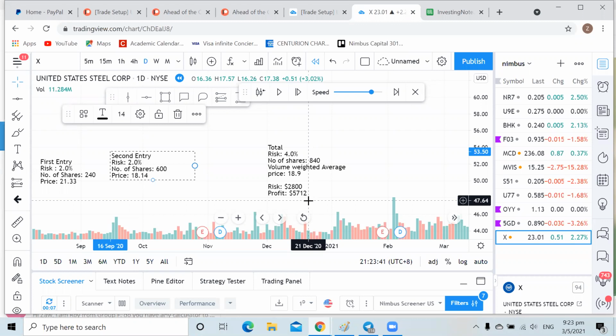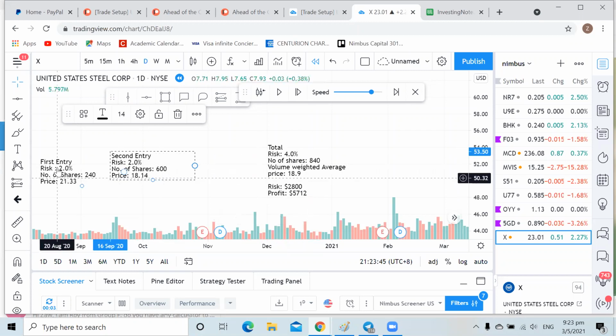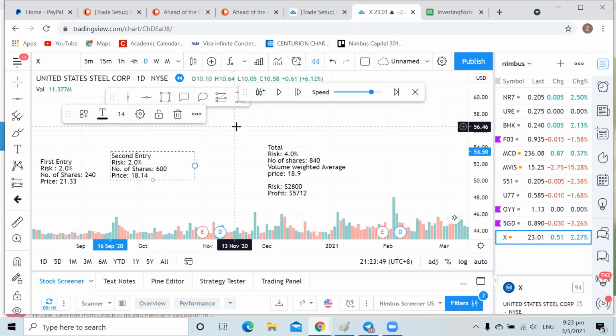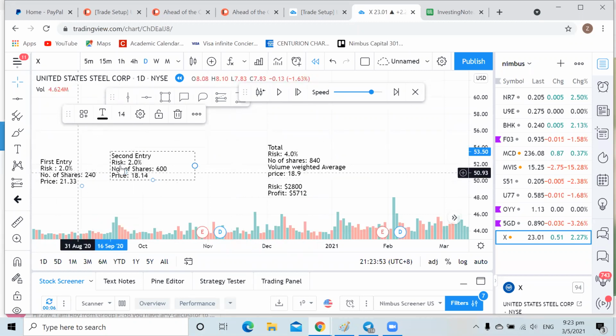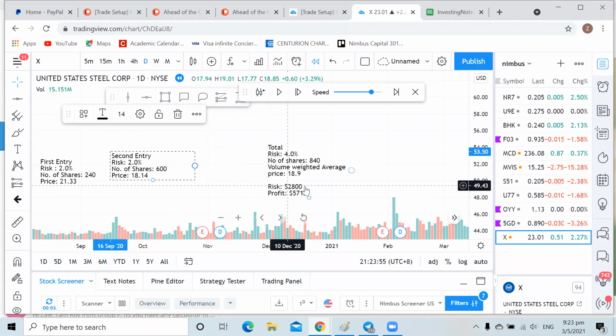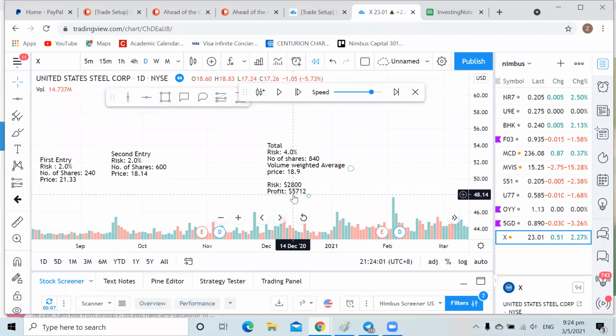So if you look at the trade in total, the total risk that I took was $1,004, 2% risk, because the capital is $70,000, so 2% will be $1,004. So I have two entries of $1,004 risk, which comes to about $2,800 risk. So in total, the profit that I make, if I were to sell everything at the TP price, I will actually make $5,700.